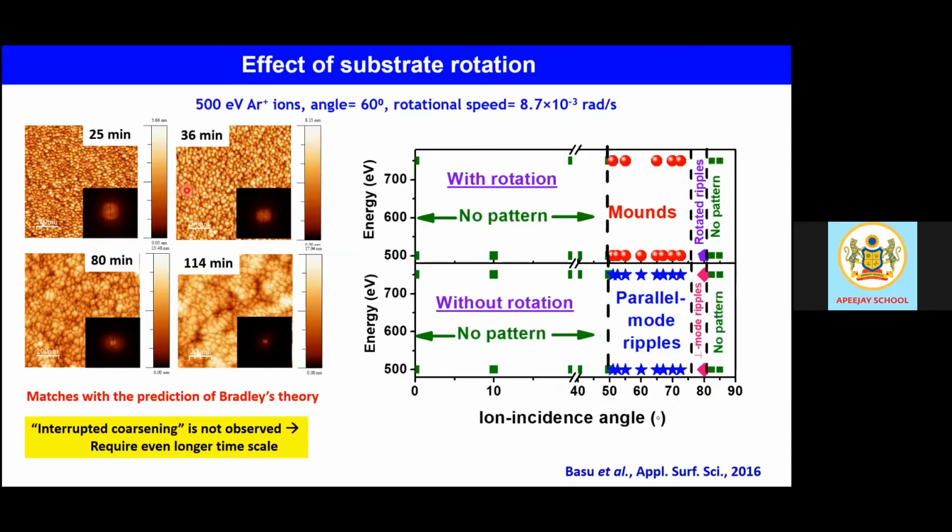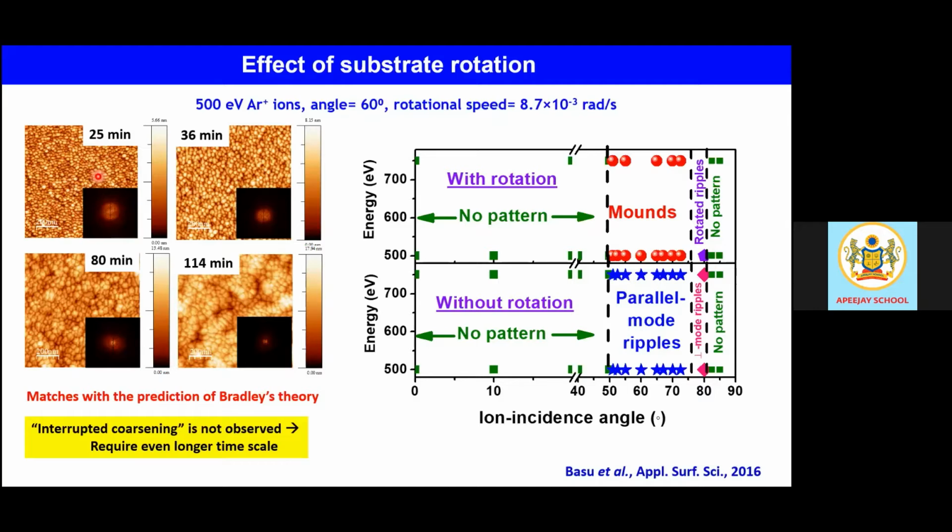No matter, in the early stage we get to see the ripple formation. But immediately, within no time almost, you get to see the end result. For a very early stage, for 1 minute, 2 minutes, you still get to see the ripples. But as soon as you keep rotating it for longer time, this turns into mount formation or dot formation.